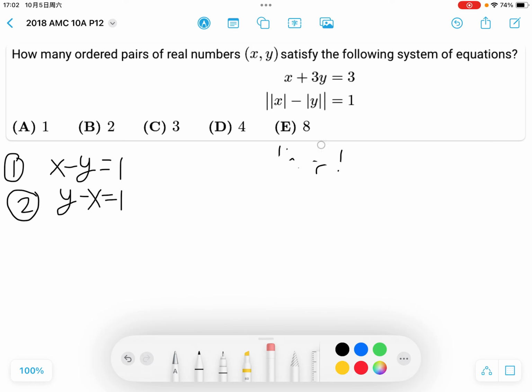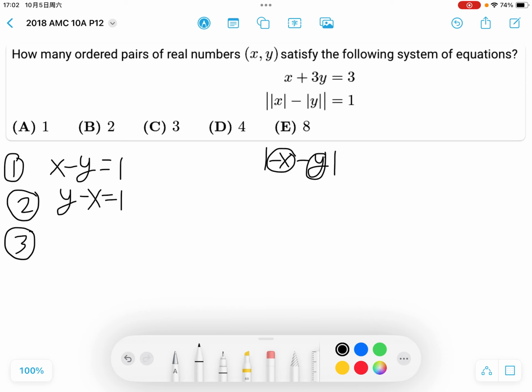And then the third case is that x is negative. So if x is negative, this is going to be negative x minus y. We assume that y is positive. So x is negative, so negative x is positive and y is positive, and we want to see which value is larger.